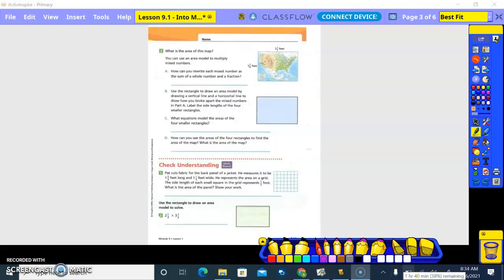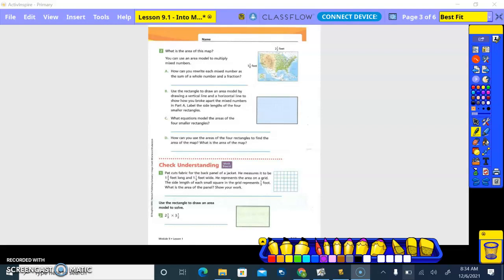What is the area of this map? You can use an area model to multiply mixed numbers. How can you rewrite each mixed number as the sum of a whole number and a fraction? So basically, instead of having this as 1 and 7/8, they want you to pull it apart. So 1 plus 7/8, right?